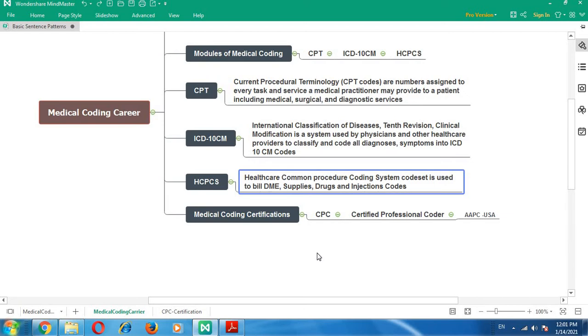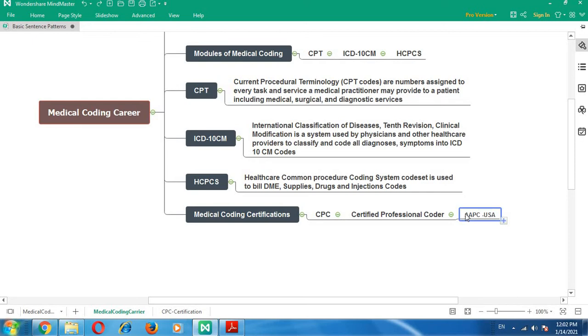Now let's understand what the certifications under medical coding are. The certification under medical coding is the CPC certification. CPC stands for Certified Professional Coder. This certification is accredited by AAPC USA, the American Academy of Professional Coders, United States of America.